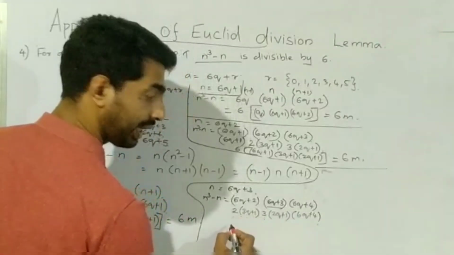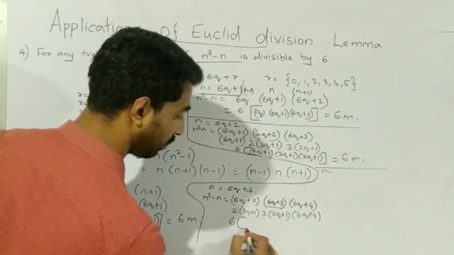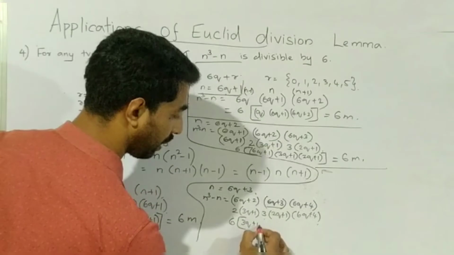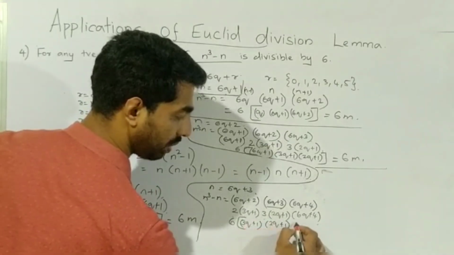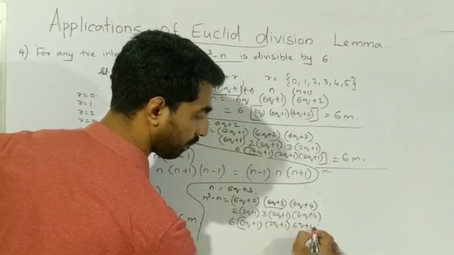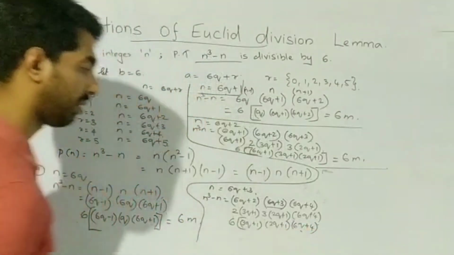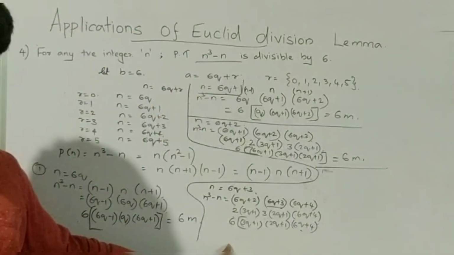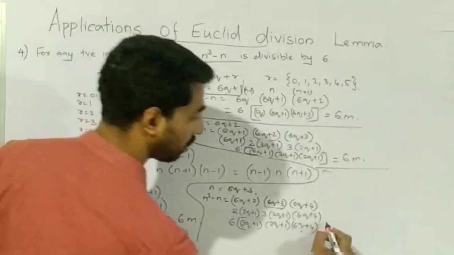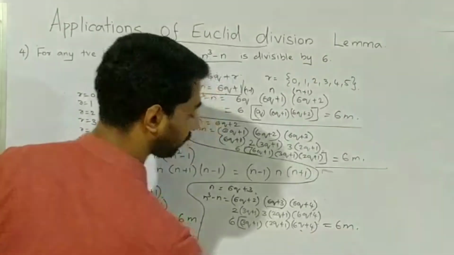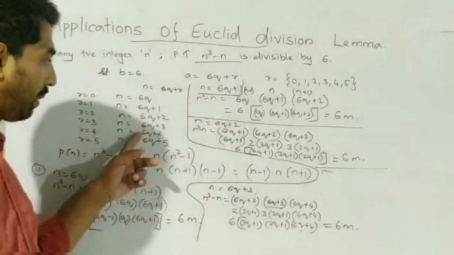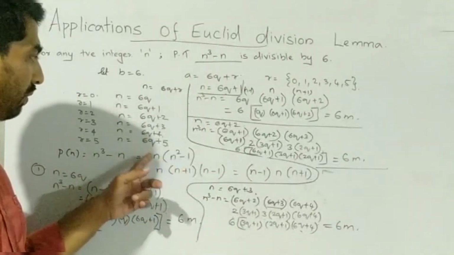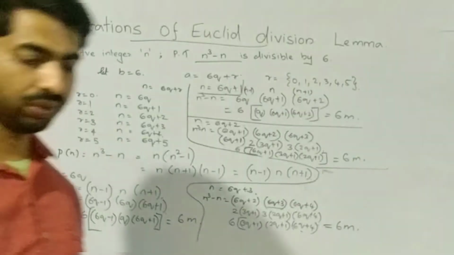So 2 into 3 is again 6, isn't it? 6 into (3q plus 1) into (2q plus 1) into (6q plus 4). So again, we have a common factor 6 here. So that is also again 6m. Yes, like that you have to do the cases 6q plus 4 and 6q plus 5 also. So we'll do that.